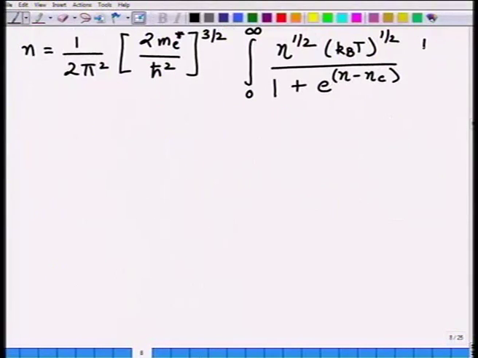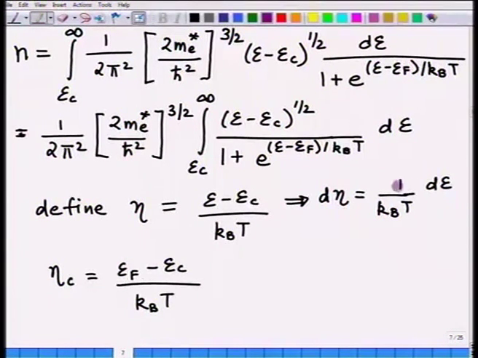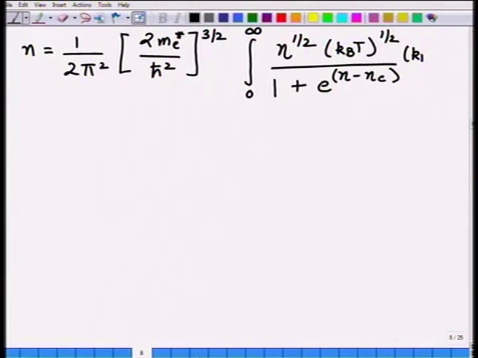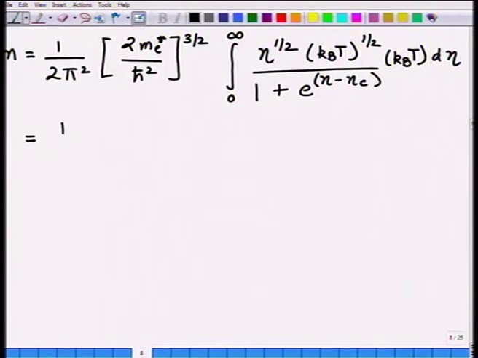So, therefore, I will write this as 1 by, and then I am going to write this as dE. I am going to substitute as KBT d eta. So, I am going to write this as 1 by 2 pi square 2 m e star.